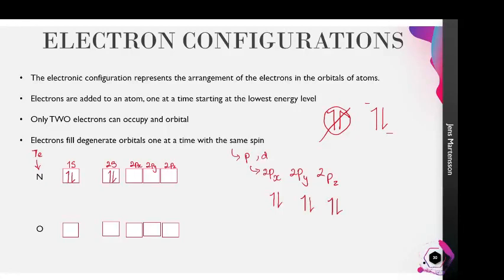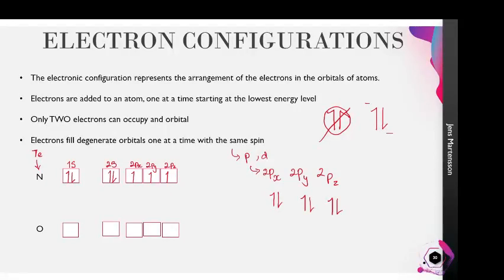Because our p's are degenerate, we fill them each one at a time, and we count to ensure we have all: 1, 2, 3, 4, 5, 6, 7 electrons, all accounted for and arranged properly.